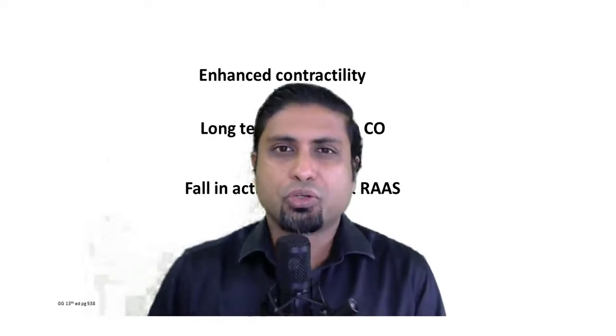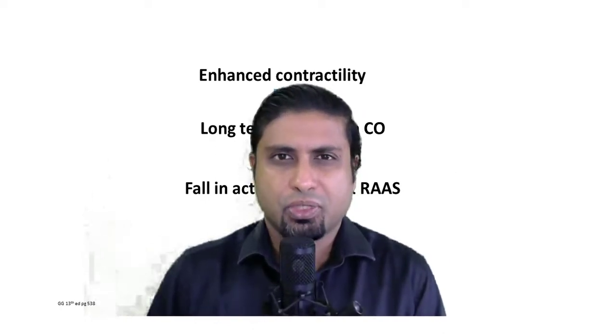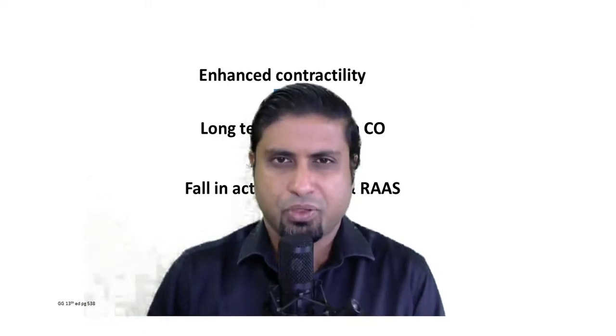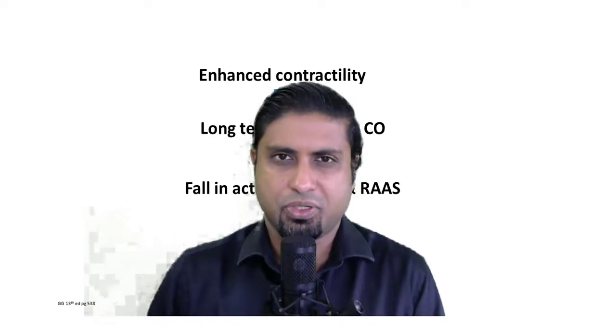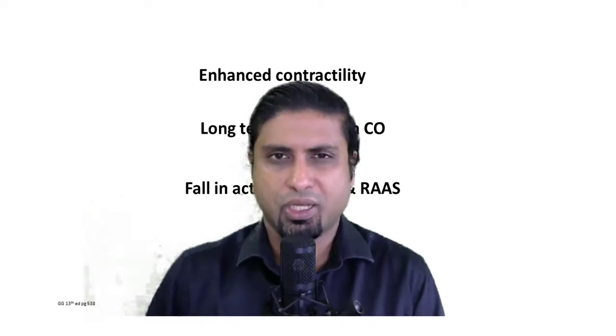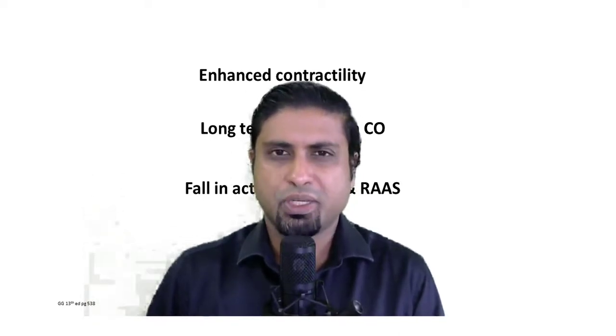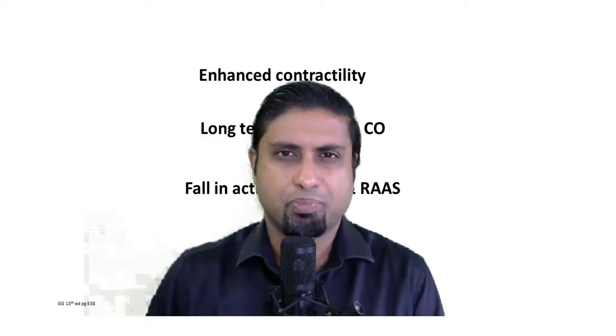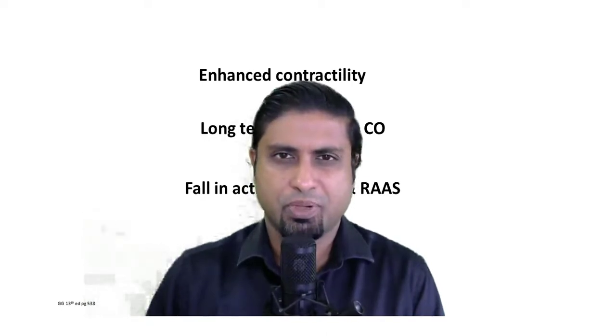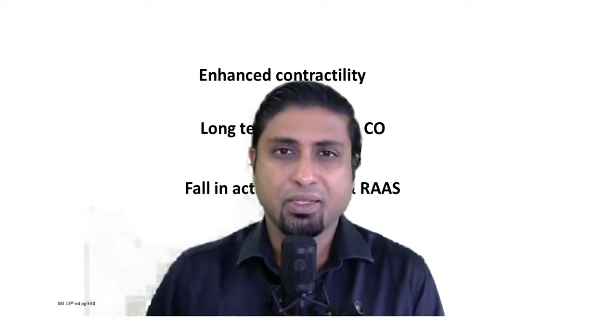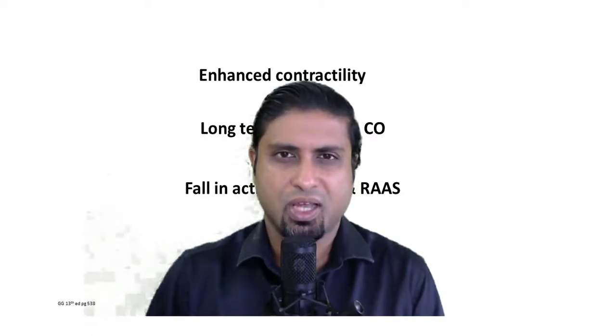Now, in the previous videos, we did discuss that vasodilatation would normally cause a fall in the blood pressure, which is detected by the baroreceptors in the aortic arch and the carotid sinus. This would immediately alert the vasomotor center in the brain, and the vasomotor center in the brain would respond by increasing the activity of the SNS and the RAS.